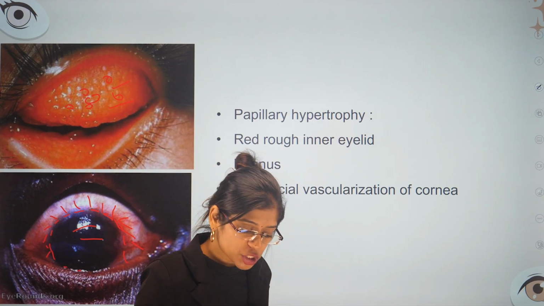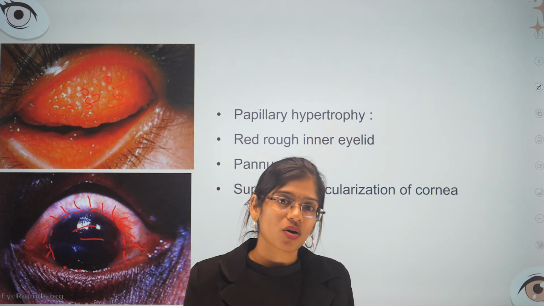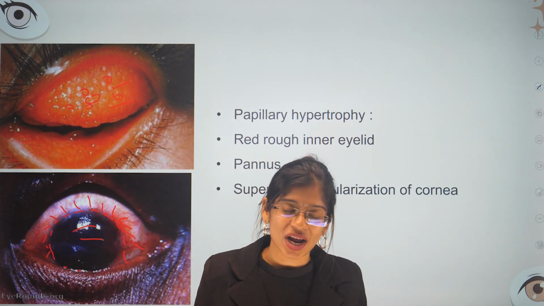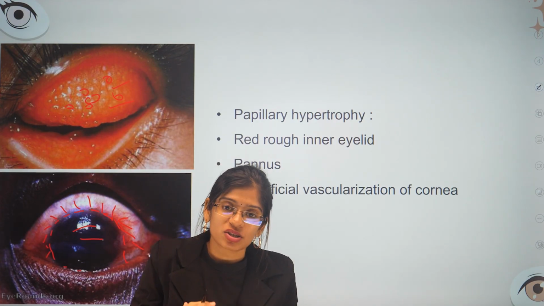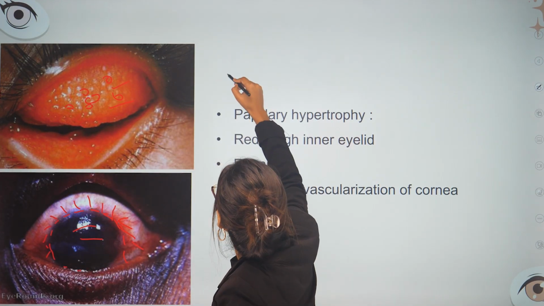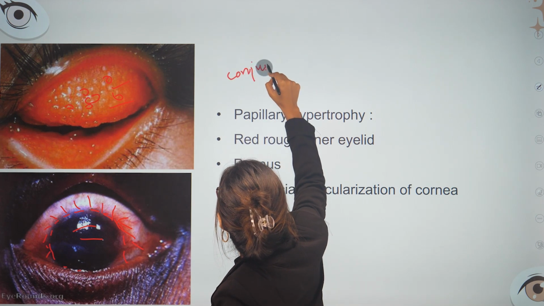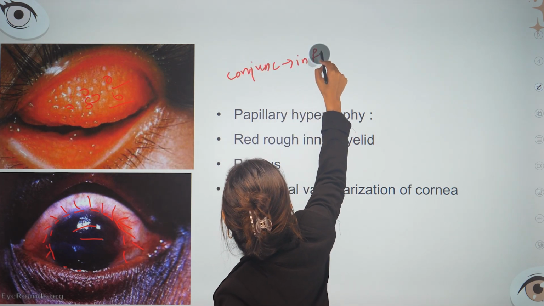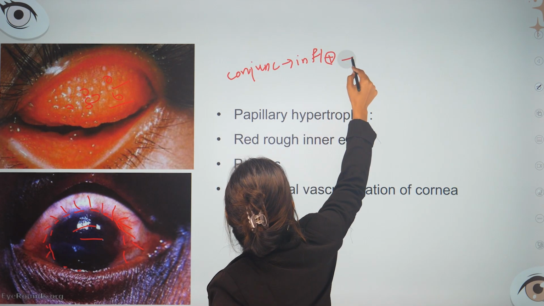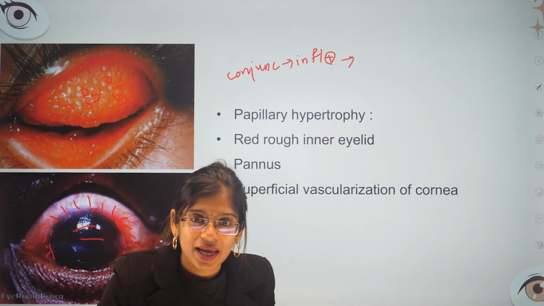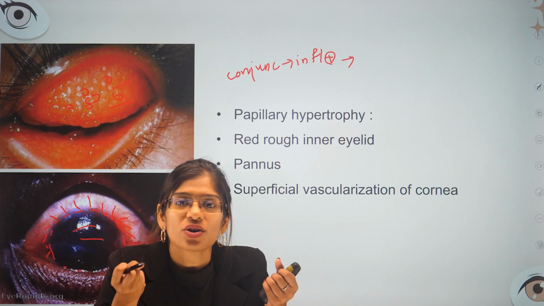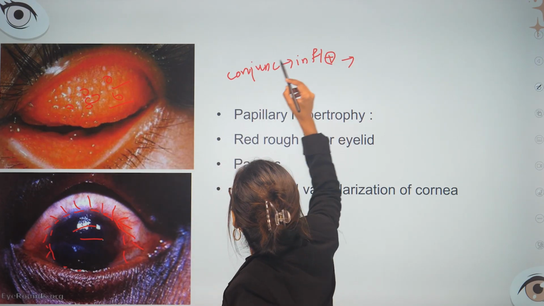About superficial vascularization of the cornea, that's called pannus, that's seen in trachoma. I told you, in trachoma, the conjunctiva, what happens? Inflammation happens. Okay, so over time, inflammation of the conjunctiva can make it contracted.